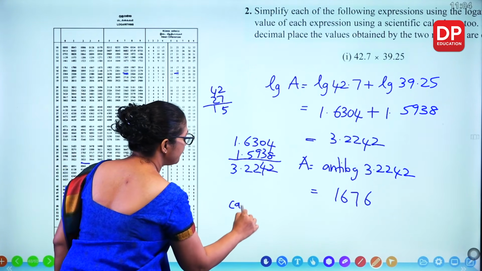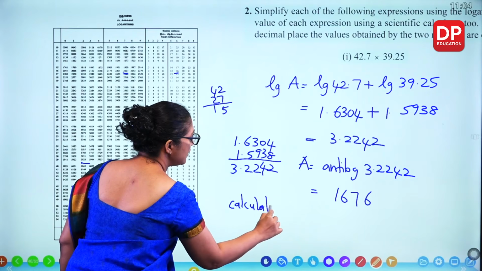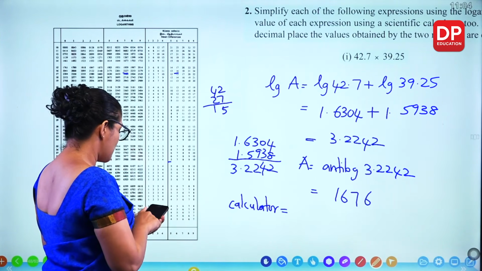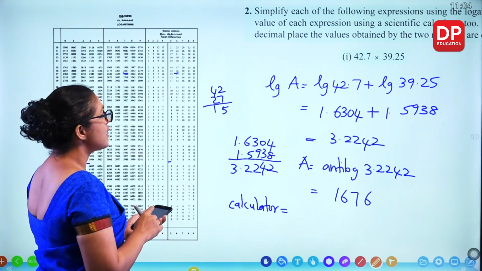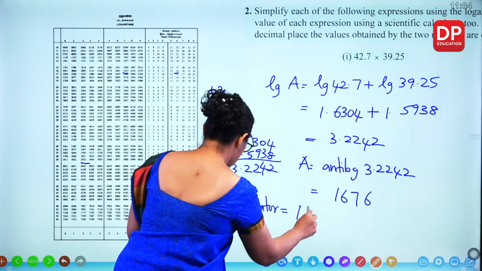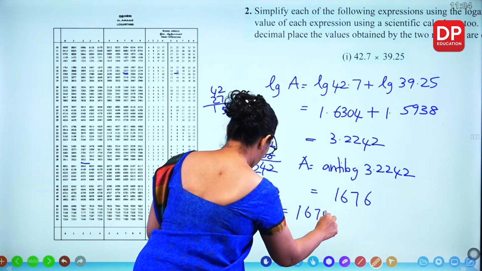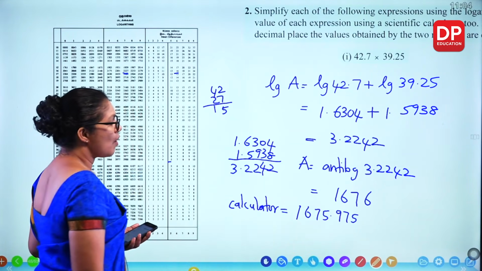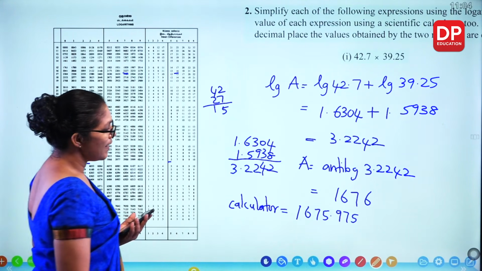Now we'll use the calculator and see what the calculator value is. When you use the calculator, you get 1675.975. Now, up to which decimal place is it correct?